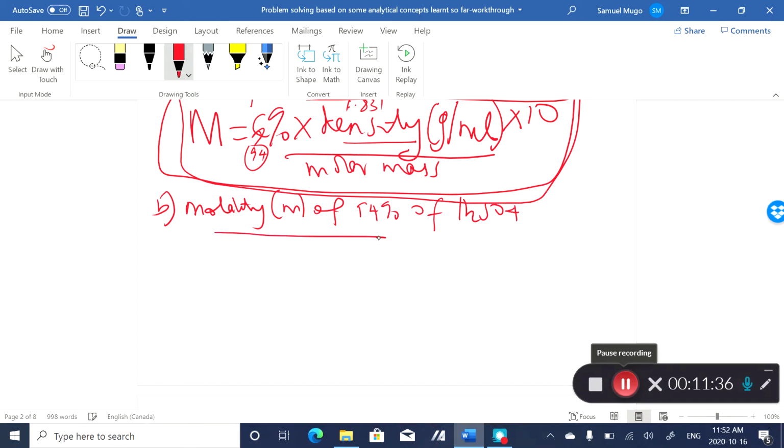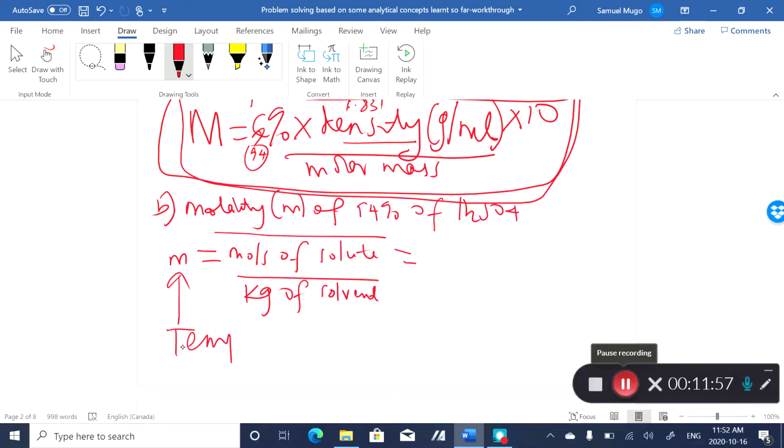Remember, the definition of molality is, the small m, the moles of the solute divided by the kilograms of the solvent. And so remember, molality really is what you say is temperature independent, and that's why it's better than molar concentration, because you're using the solvent in kilograms, in mass, and mass is temperature independent.